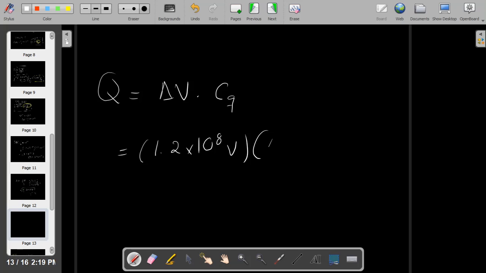So just put the number in, 4.2 times 10 to the minus, is it 8? Let me see. Cannot even understand my own handwriting. Minus 3. I think it is minus 3. Okay? So put all the numbers in. And once you have that, that's where you get the 5.0 times 10 to the 5 coulombs.